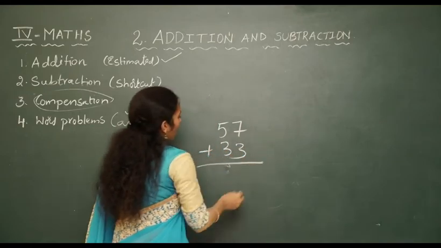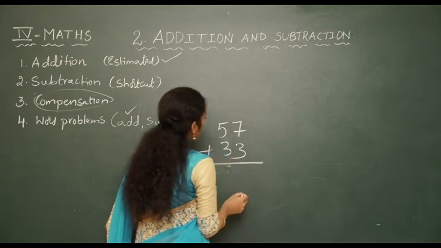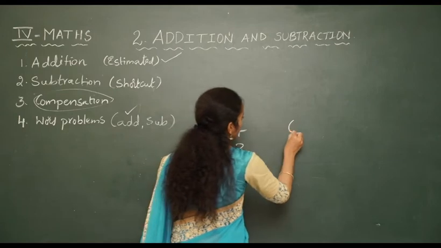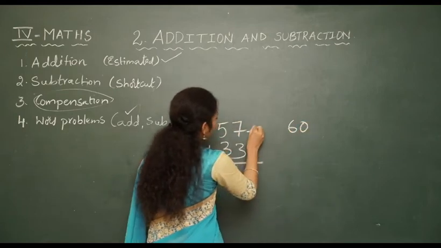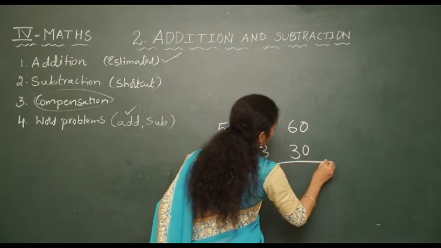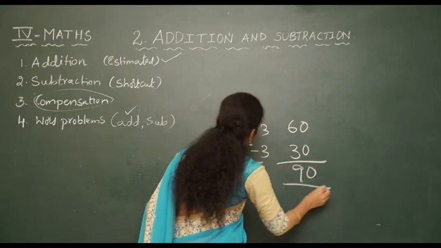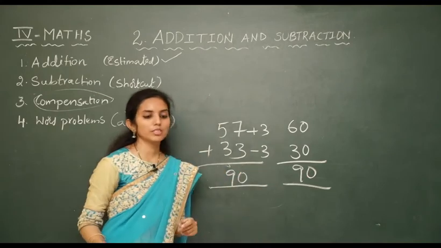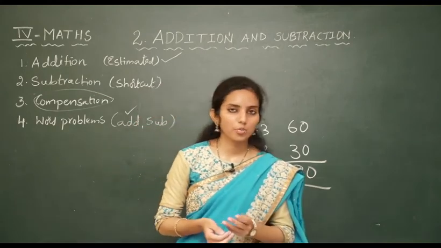So how do we compensate here? If we add 3 here, it becomes 60. So 60, and plus 3 means here we have to do minus 3, it becomes 30. So the answer is 90. And here also the answer is 90. So in this manner other examples are to be solved.